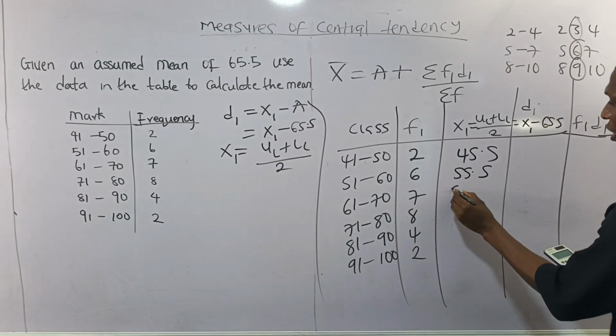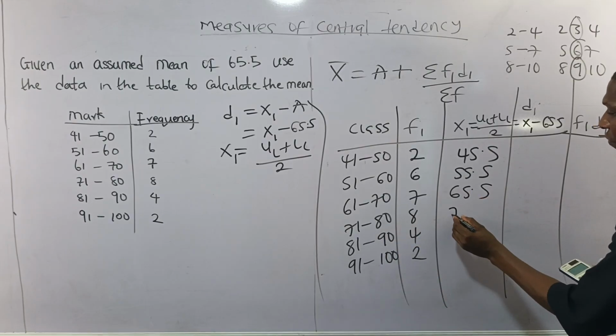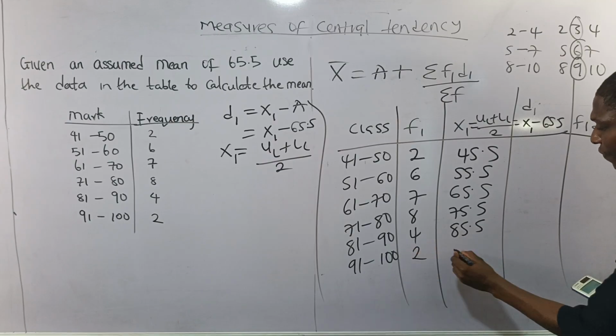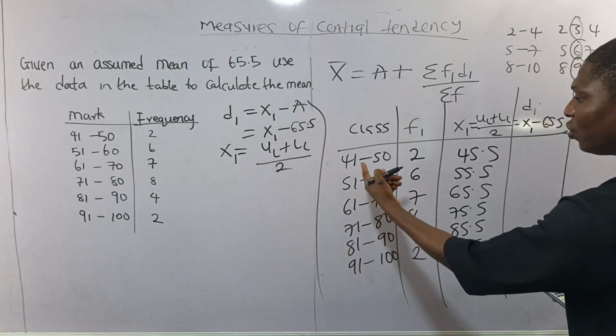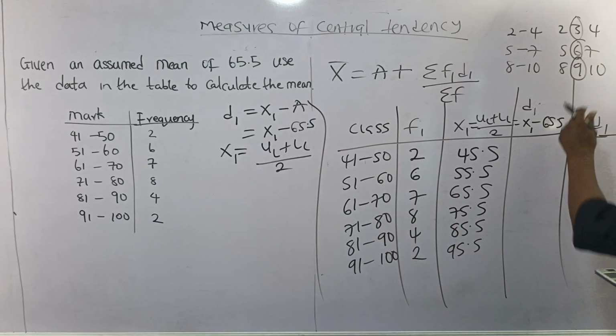In the same way, I'll have 65.5, 75.5, 85.5, and 95.5 as the midpoints of 41 to 50, 51 to 60, just like I explained here.